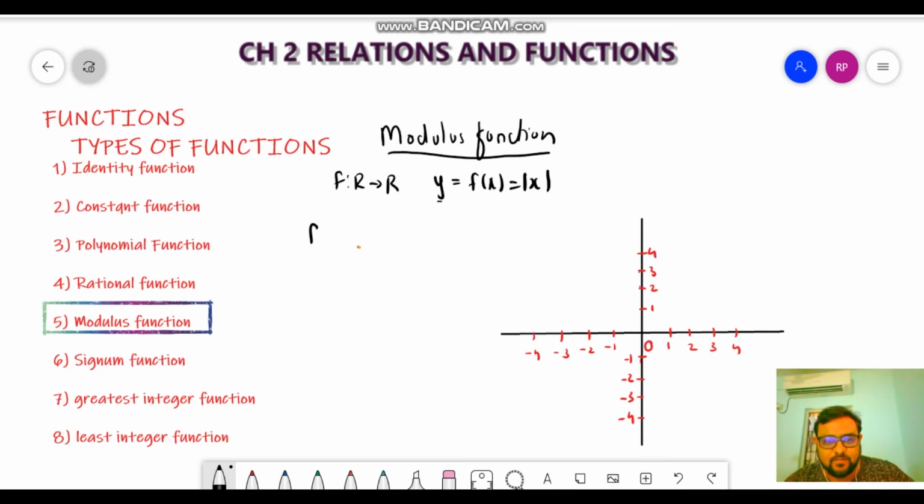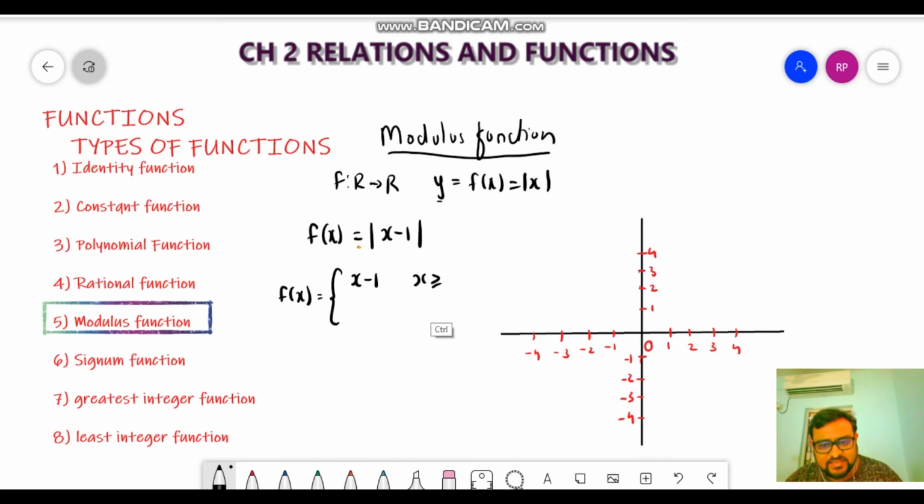If I take an example, f(x) is equal to modulus of x minus 1, then I need to split it into two parts. x minus 1 if it is greater than or equal to 0. But if the value of x minus 1 is less than 0, sorry, my mistake.